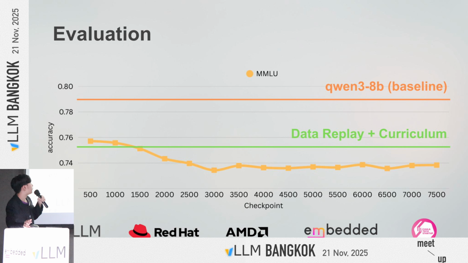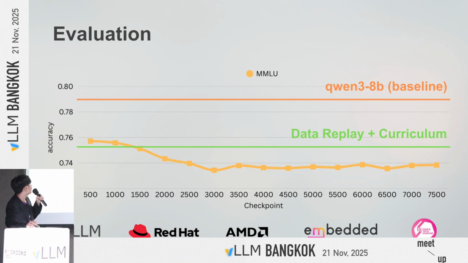This is only one evaluation because it is the only eval that has English. Why do I show only one English eval? Because the catastrophic forgetting when using only data replay is going to show up on the English data.